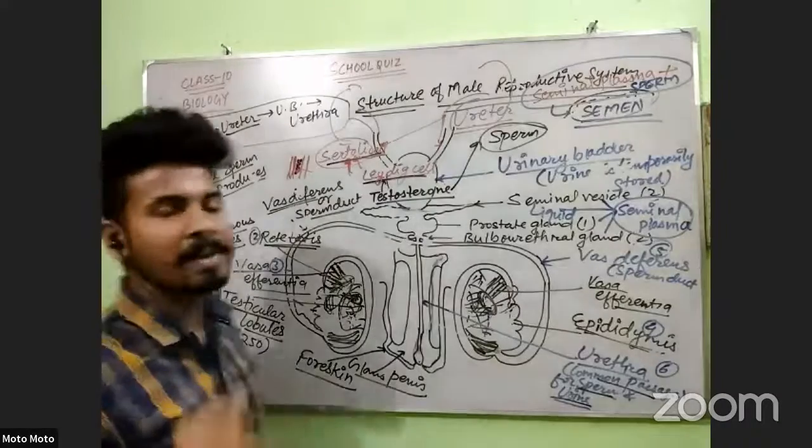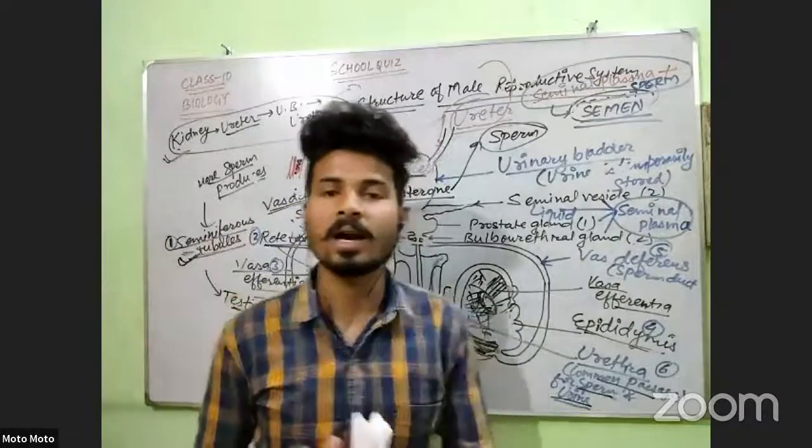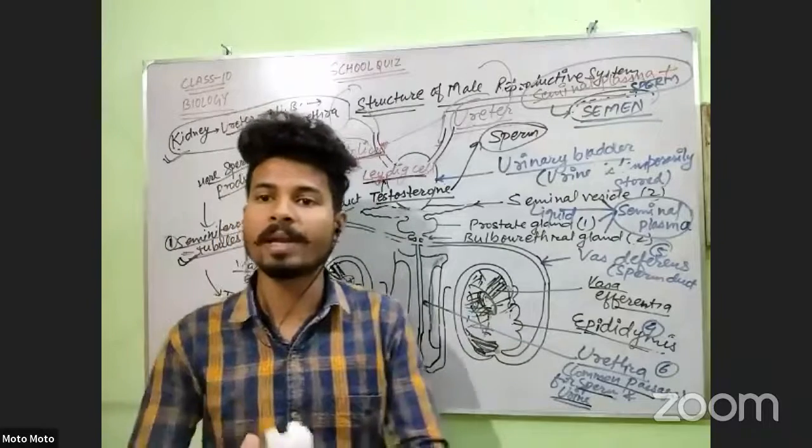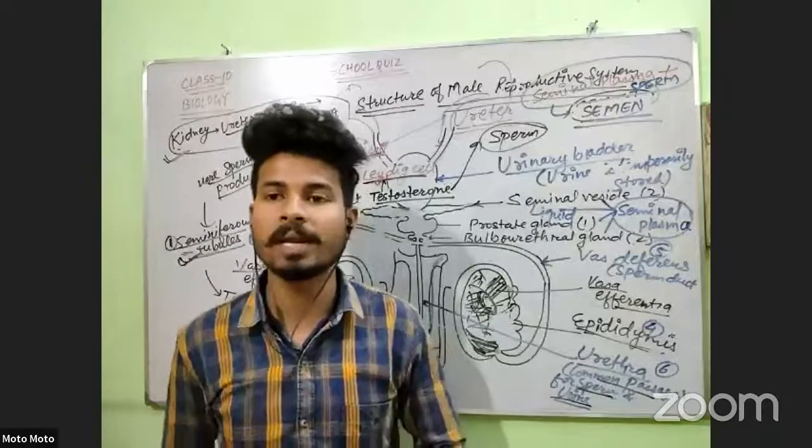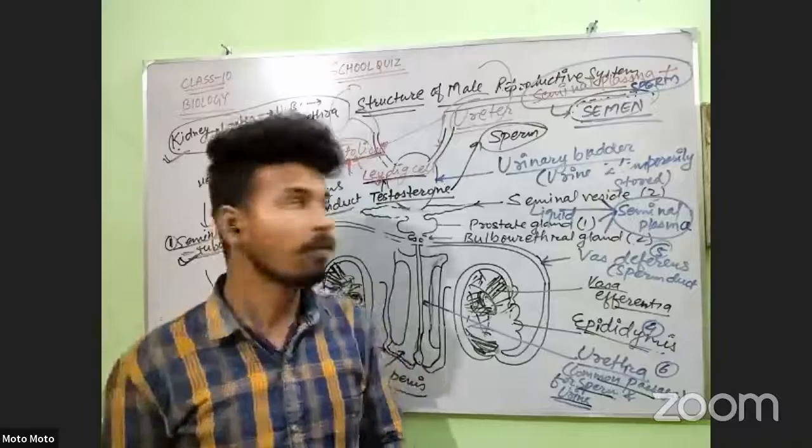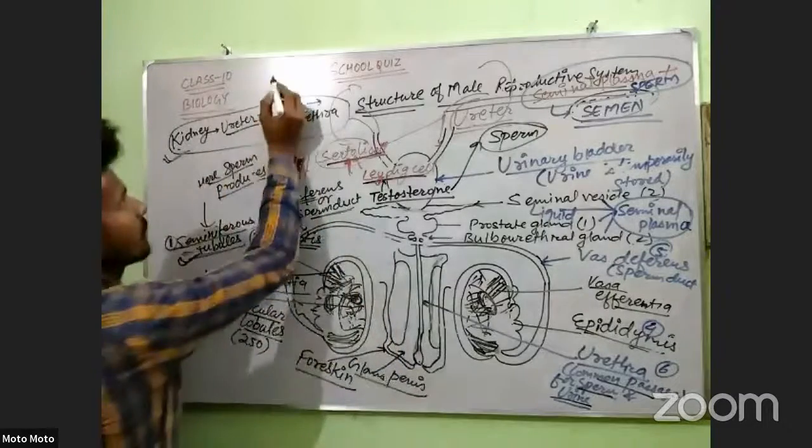If we are asked how many testes a male human contains, then our answer will be 2. For testes we have two words.